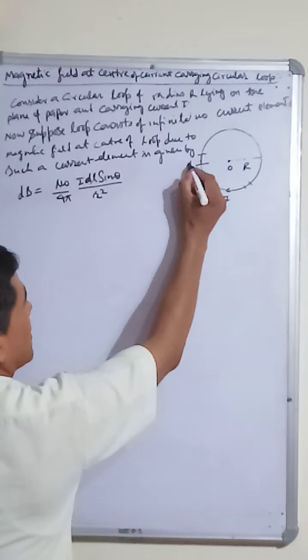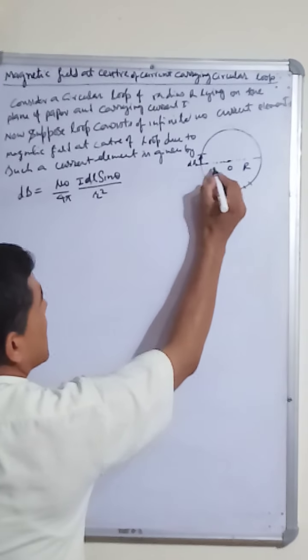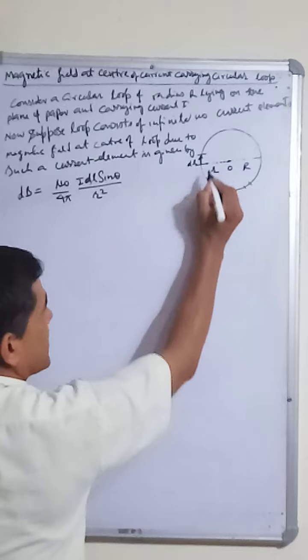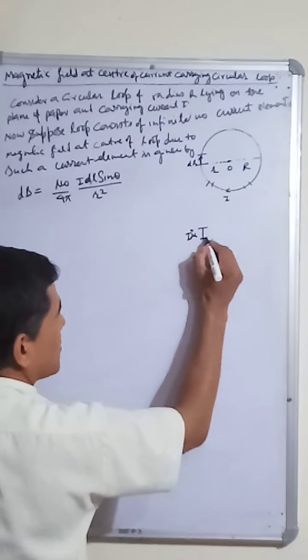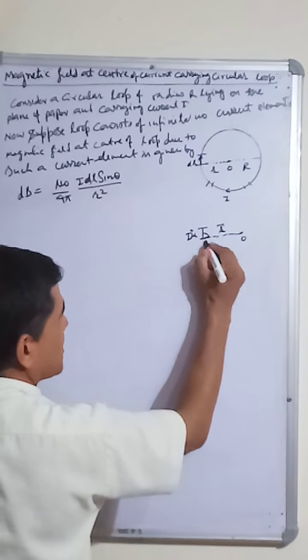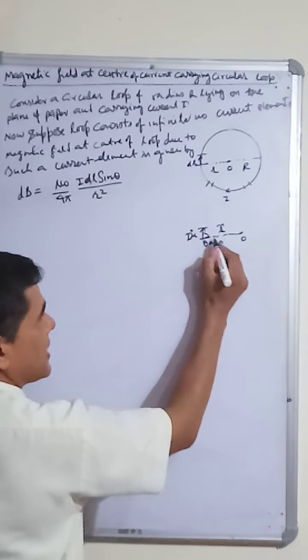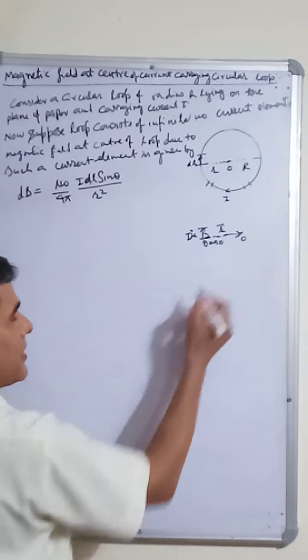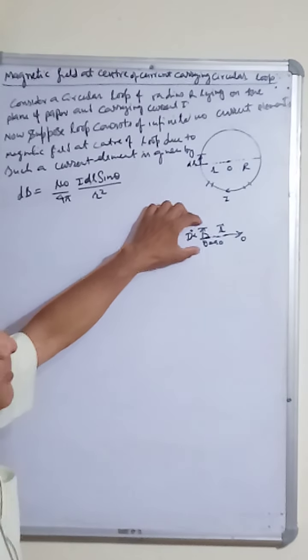This is dl, the current element, and this is the r vector joining it to the center O, and this angle theta is equal to 90 degrees, as in the Biot-Savart law.